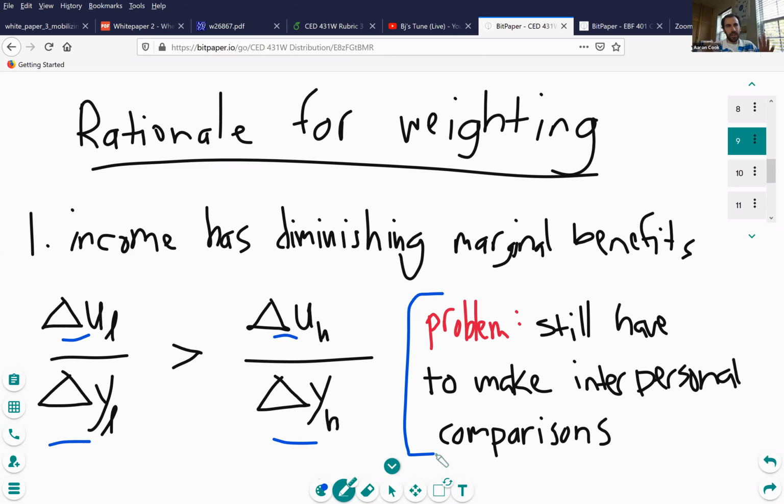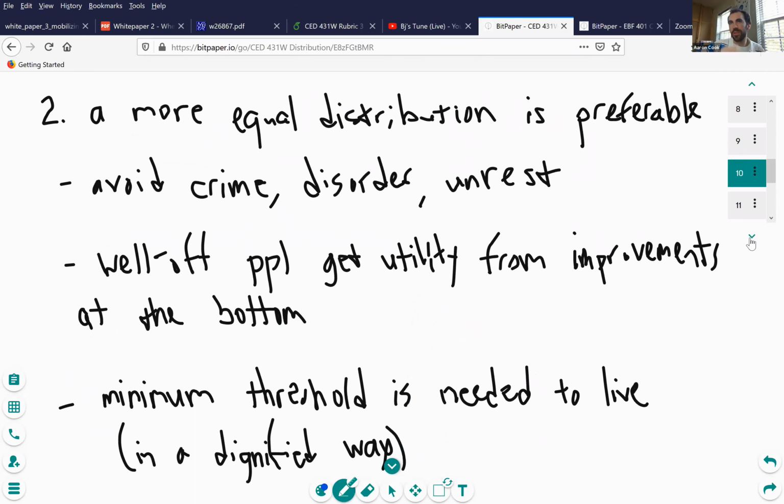But you're still stuck in this problem of not being able to really measure utility, because it's not a real thing. It's not an objective quantity that you can measure, like the mass of a proton or an electron. It's a value-laden concept, which is hard to make comparisons with between different people. But nevertheless, that's one conceptual reason why it could be desirable to make these transfers.